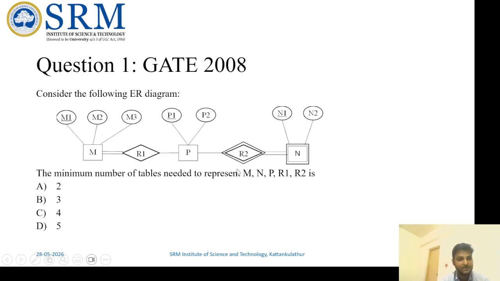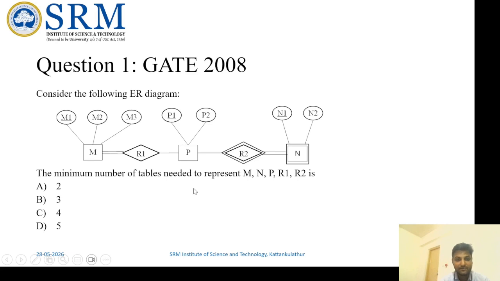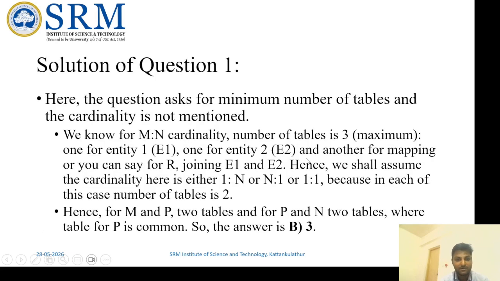Similarly here, and another thing is the table which is associated with P will be common for both, that is N, P and N. But the table will be one for N, one for P and one for N. So the total number of tables will be 3 only.